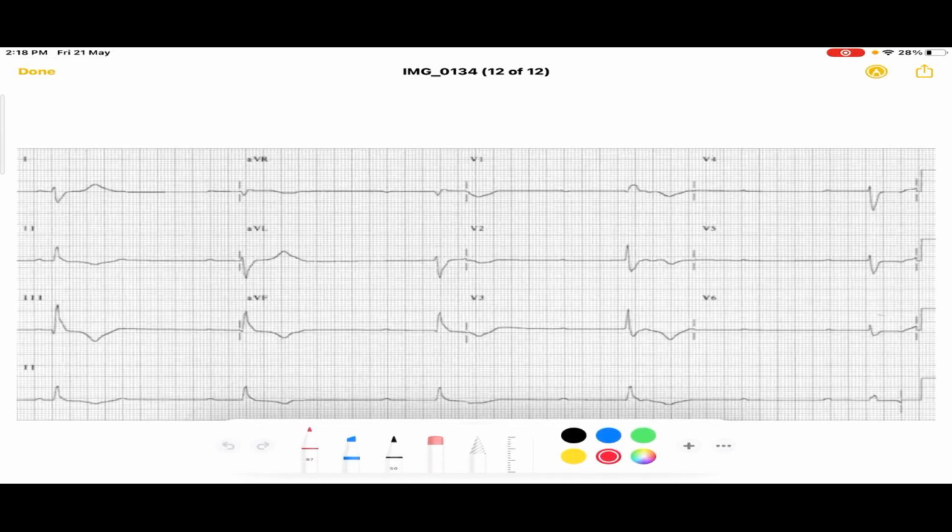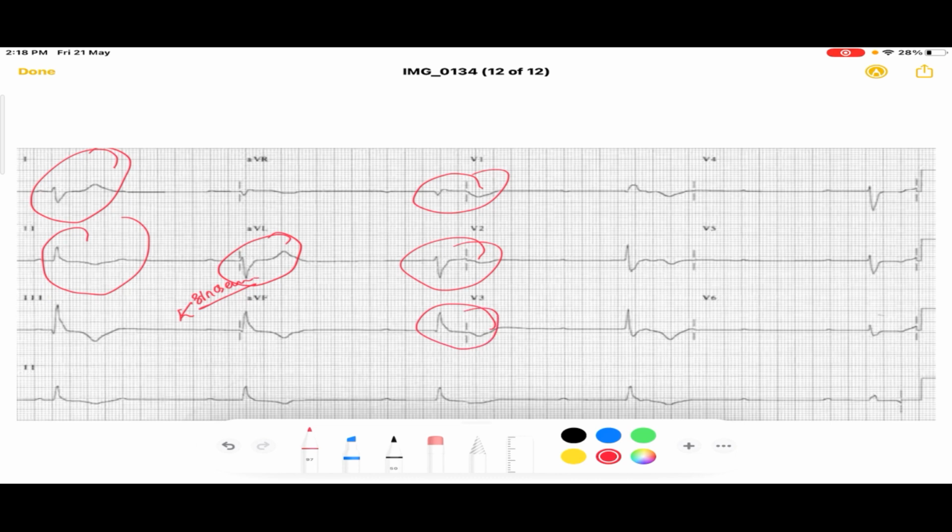Here you can see these are escape beats with a sinus arrest in between. Every beat is an escape beat, and you can't see a sinus beat here.